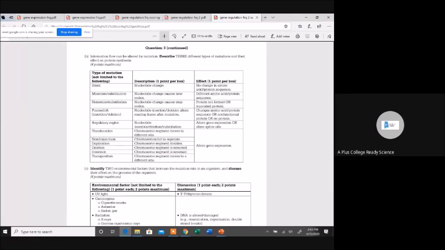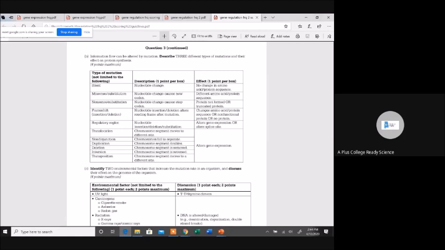So essentially, a silent mutation can be a change in a single nucleotide, a substitution. You don't get any change in the amino acid sequence or the protein sequence. Therefore, there's essentially no effect. A missense mutation is a type of point mutation where there is a substitution.